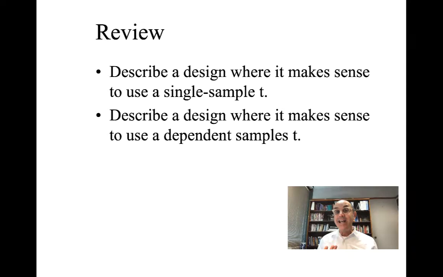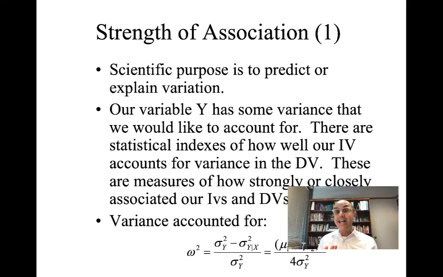So we talked a little bit about describing the design of the single sample test and the independent sample test, and the strength associated with that. The scientific purpose is to predict or explain the changes that happened.